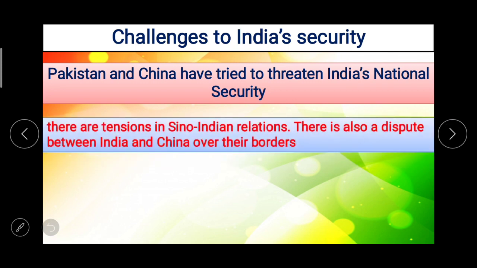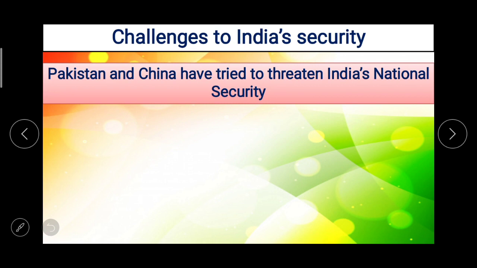Now the next point, challenges to India's security. We discussed the nature of national security and the defense system of India, but there are some challenges also, and about that we'll discuss now. Right from the time of independence, Pakistan and China have tried to threaten India's national security, and there are several disputes between India and Pakistan.